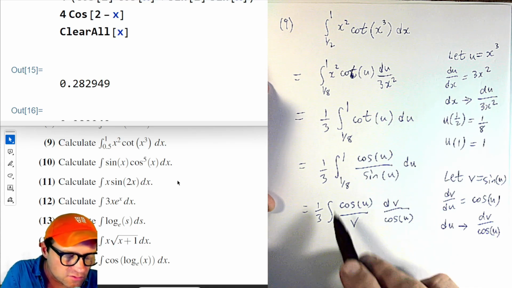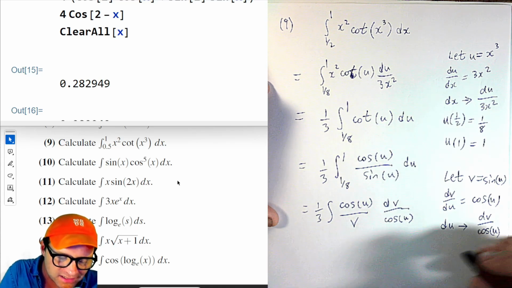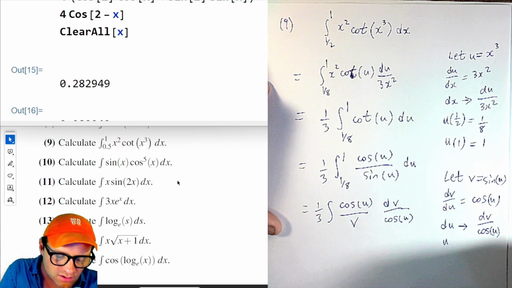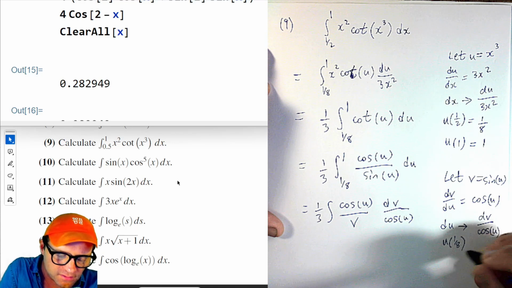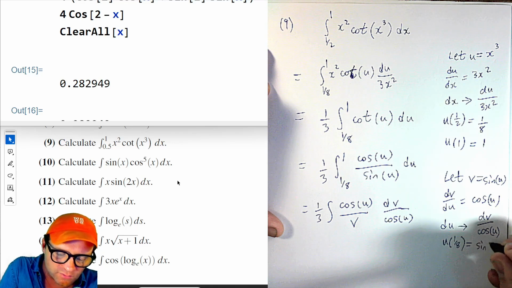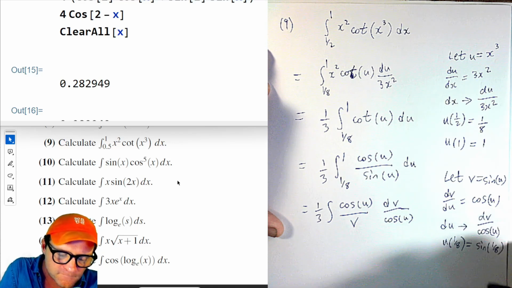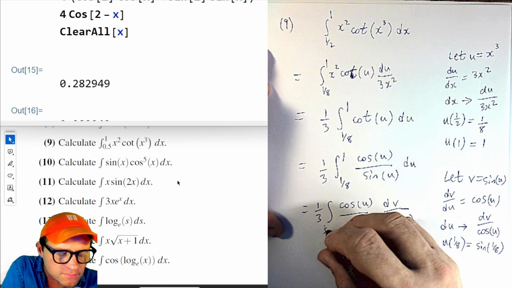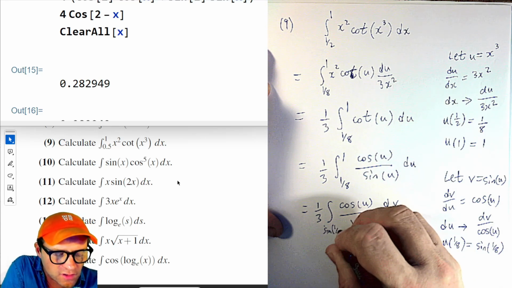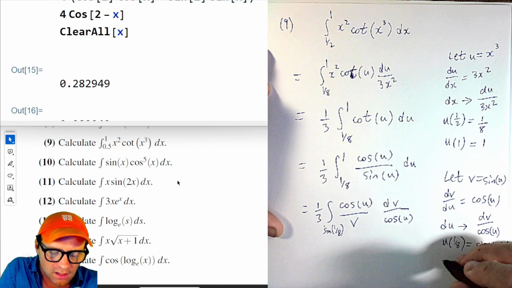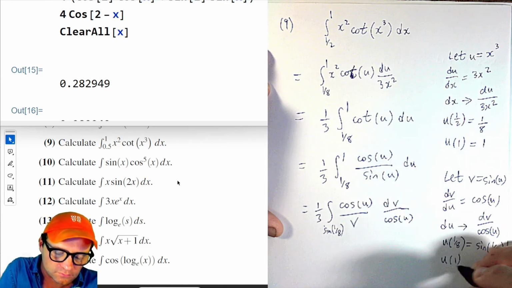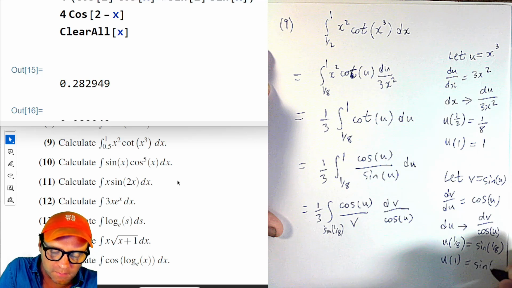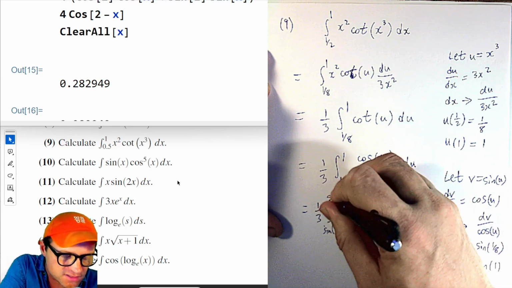And now what are the new values on our bounds? Well, we need to calculate this here. So v of 1/8 is sine of 1/8. We can put that here, sine 1 over 8, and v of 1 is sine of 1. So that's the top there, sine of 1.